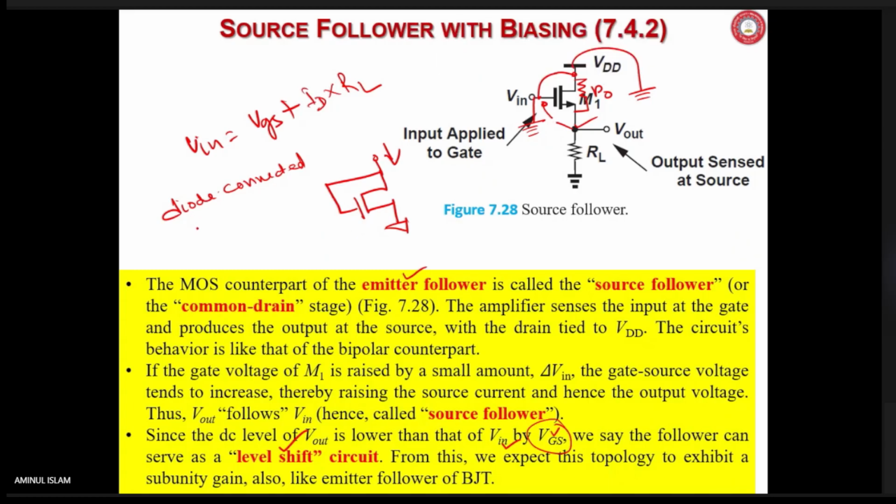Is it not 1 upon its gm in parallel with its rO? If you ignore rO, then it is 1 upon gm. We have already discussed and proved this also.